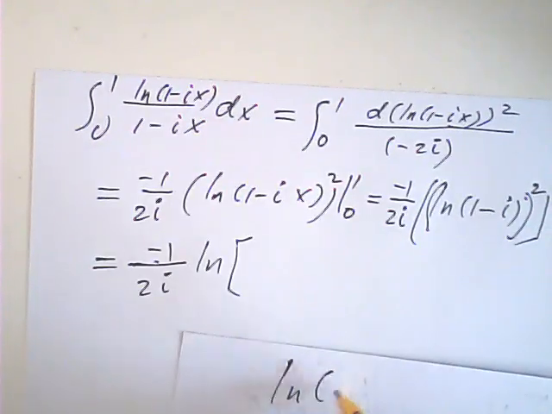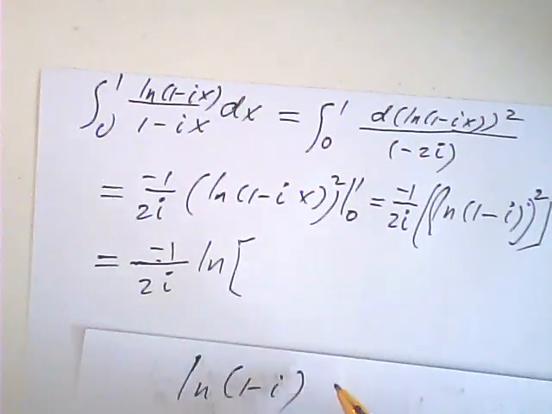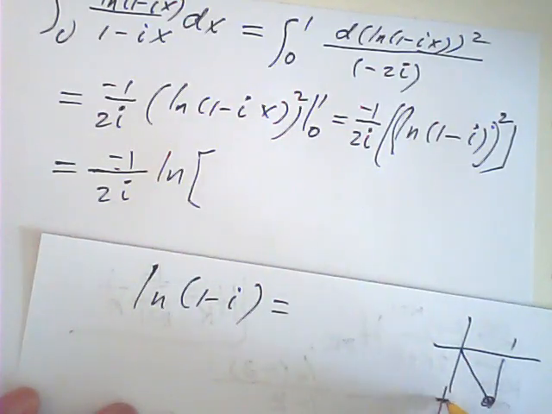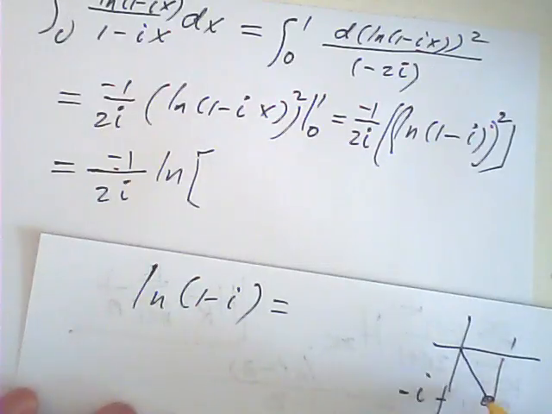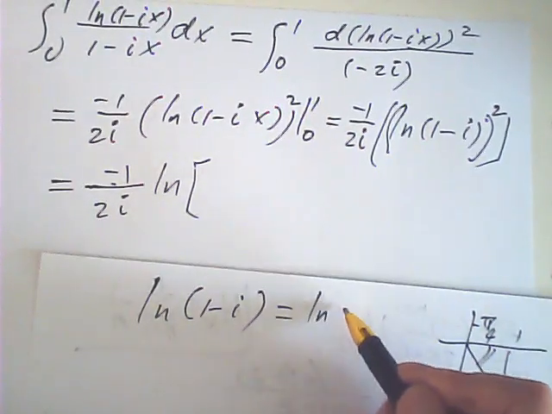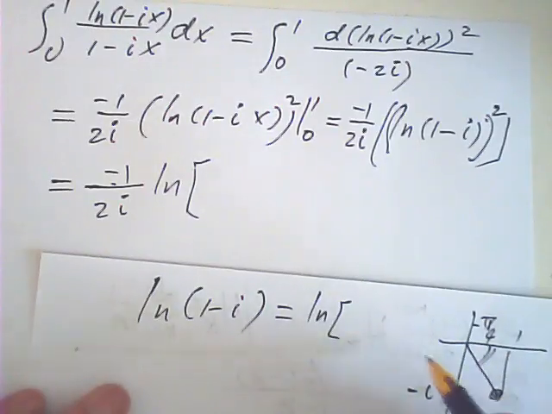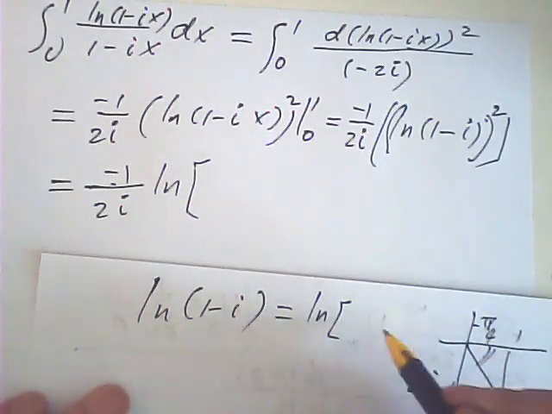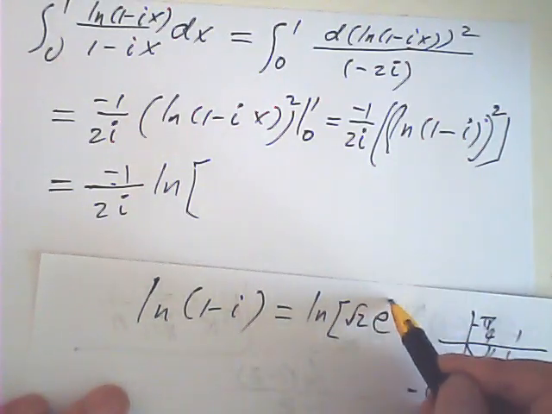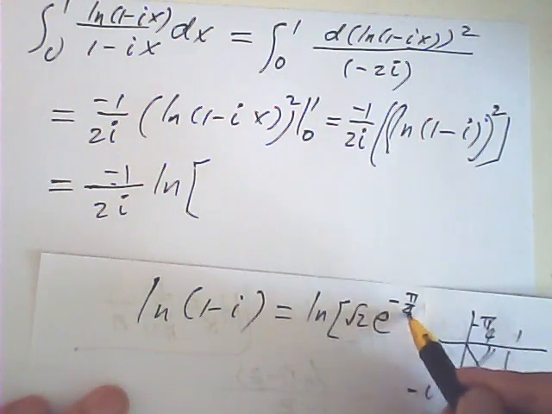What is the log of 1 minus i? It is a complex number. 1 minus i is this: this is 1, this is i, negative i. So the argument is negative quarter pi, and the modulus is root 2, so it is log of root 2 times e to the negative quarter pi i.